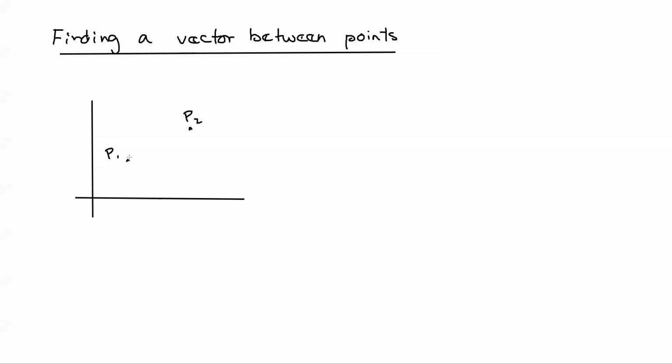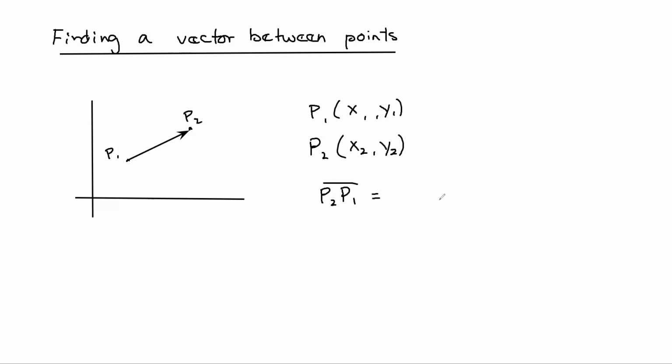And let's say this is the vector. And we can provide some coordinates. Let's say P1 is x1 comma y1 and P2 is x2 comma y2. Then the vector that points from P1 to P2, we could denote as P1P2. So P2 is the terminal point, P1 is the initial point.